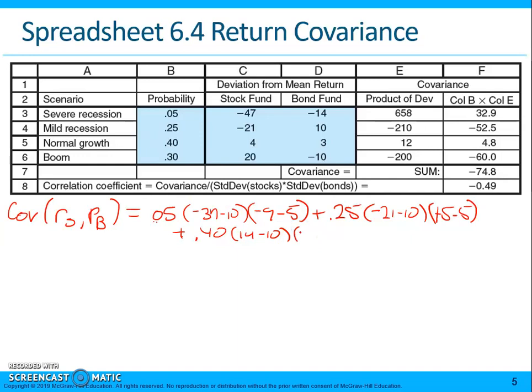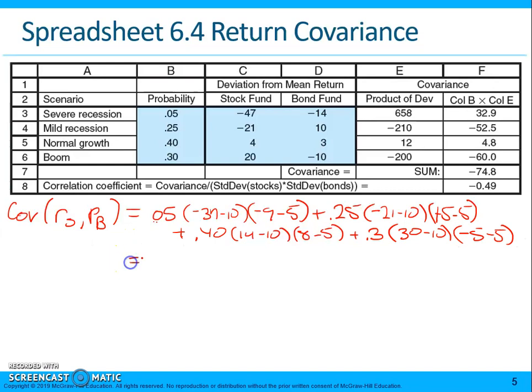Then we've got 8% for the bond fund minus 5, plus 0.3 multiplied by the 30% minus 10. And then we give a loss of 5% for the bond fund minus 5.